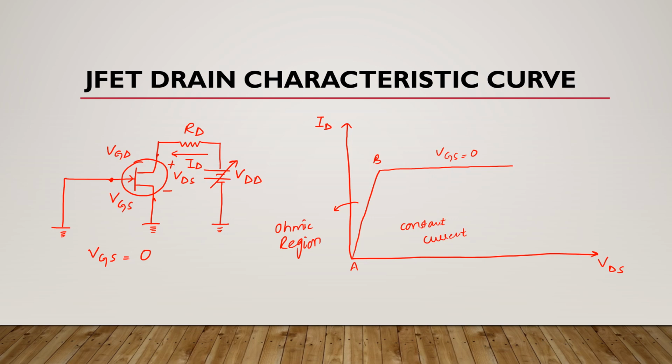So this is point C and we call this region active region here. It means the region from points A and B is ohmic region, and the region between points B and C is active region.